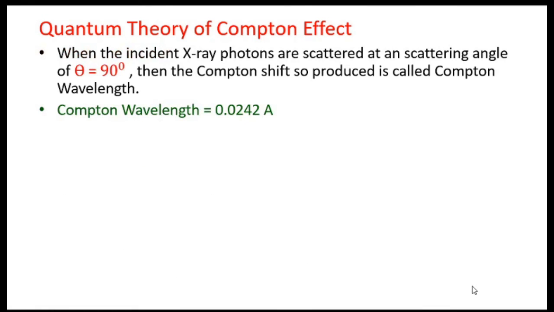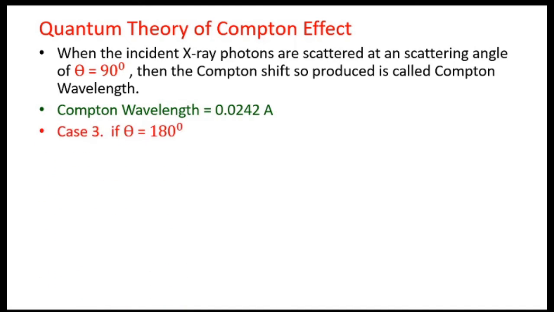When the incident X-ray photons are scattered at 90 degrees, the Compton shift so produced is called the Compton wavelength, and it has the value 0.0242 angstrom.